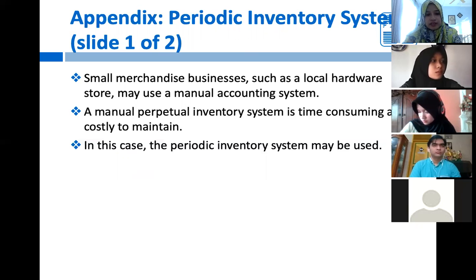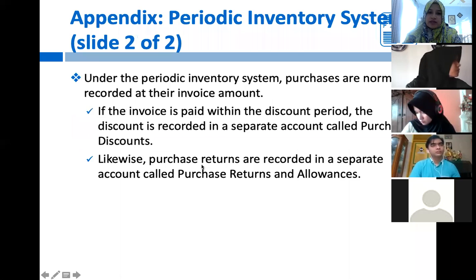You need a system, and if you don't use the system, you need someone to continuously update the record of inventory. And it is time consuming because you always update it, so it takes time. So small businesses would opt to use the periodic inventory system, because it's less costly and less time consuming.